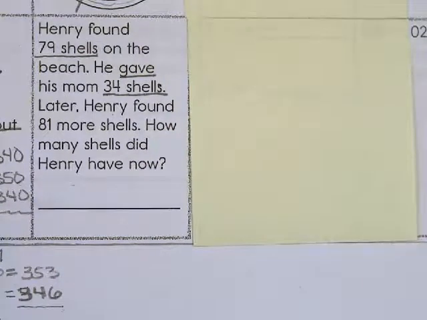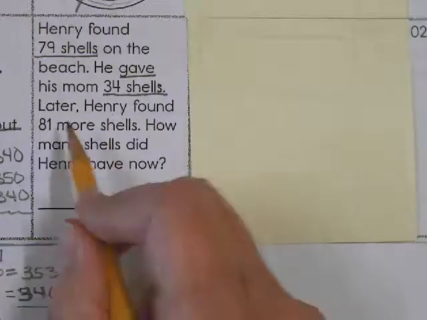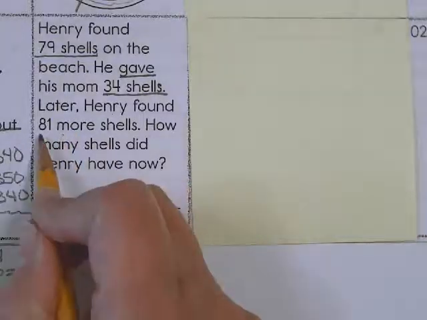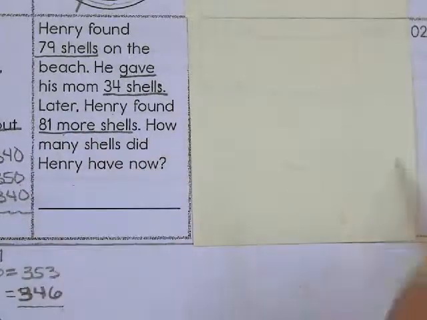Now, when we think about giving, what operation is going to come to our mind? Hopefully, you're saying subtraction, because when you give something away, you have less than what you started with. But then later on, he can add 81 more because he found some more after that.